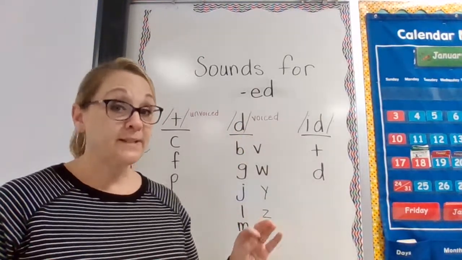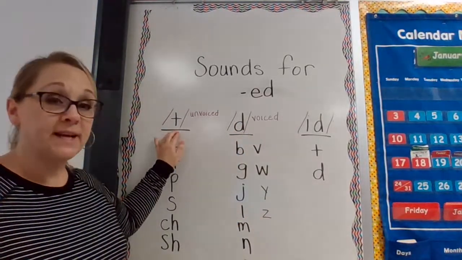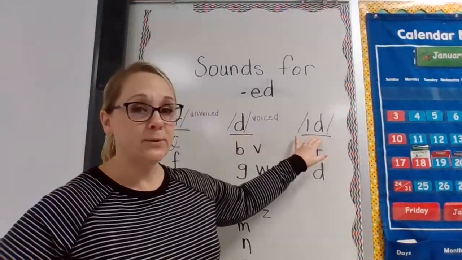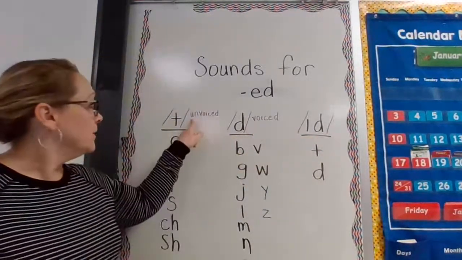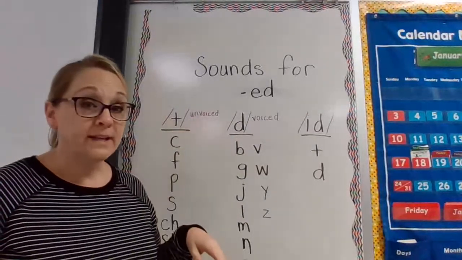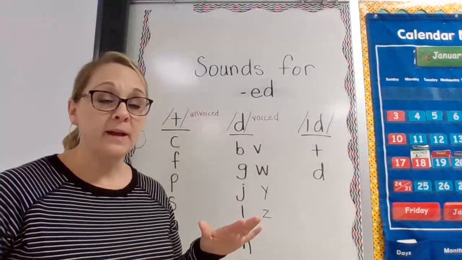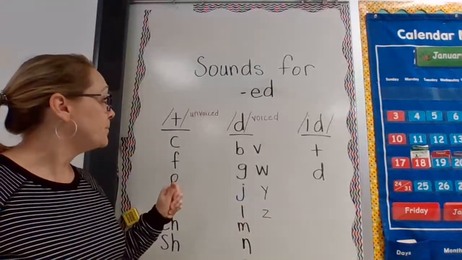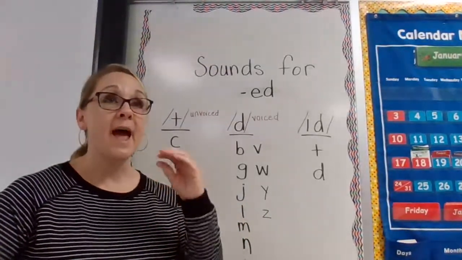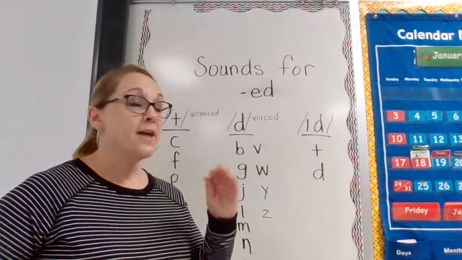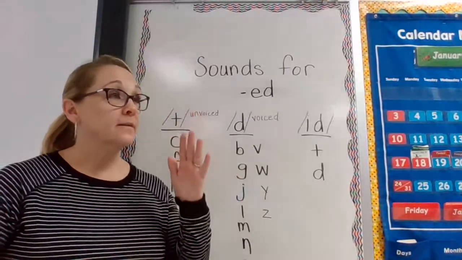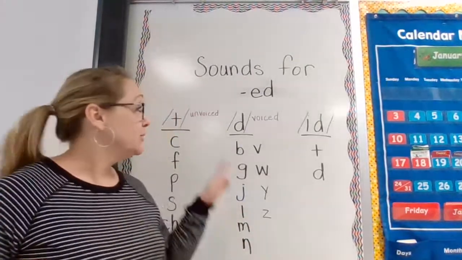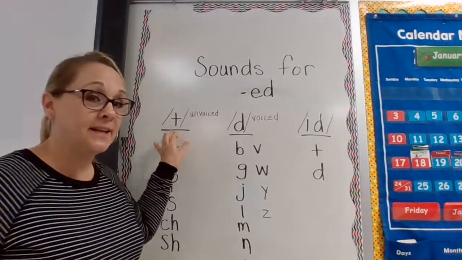Ed has three different sounds. Sometimes it will say t, sometimes d, and sometimes id. T is an unvoiced sound. We've gone over how letter sounds can either be voiced or unvoiced. If you say a word and the consonant before the ending is unvoiced, ed is going to make the t sound.